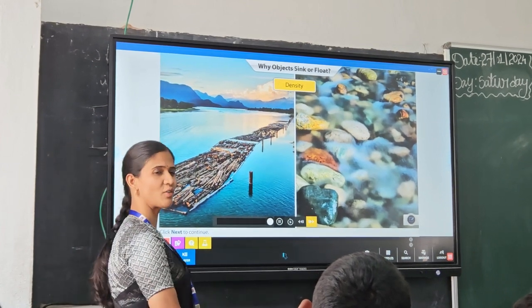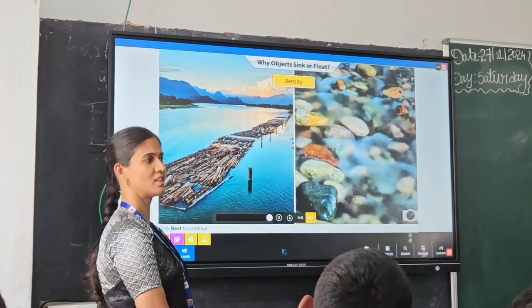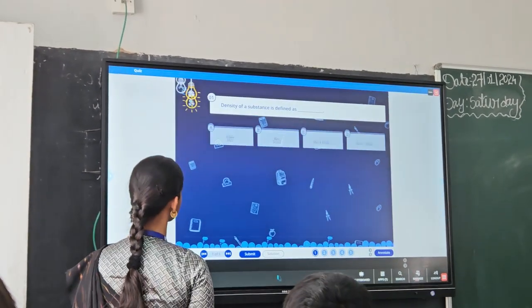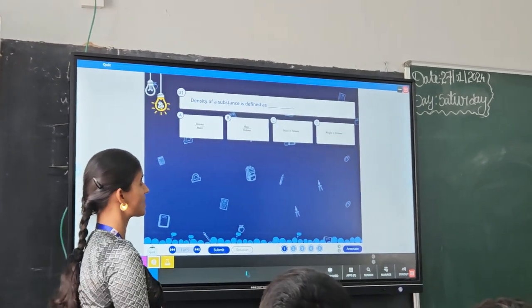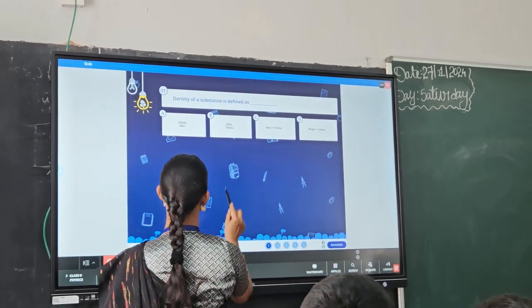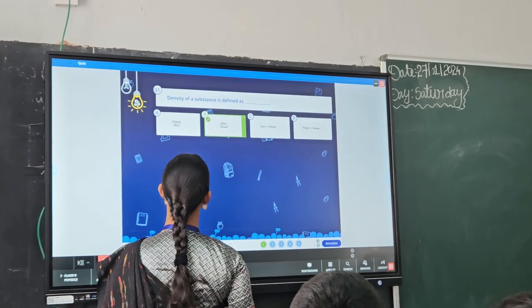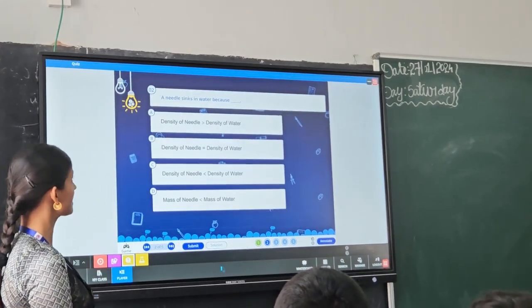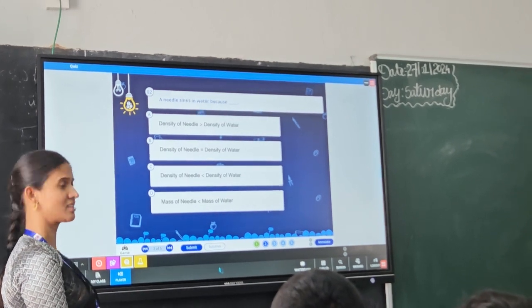How to calculate, children? What do you need to calculate density? Density of a substance is defined as mass by volume. A needle sinks in water because, raise hands.